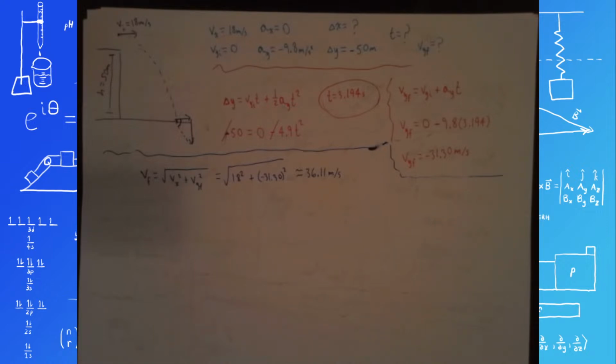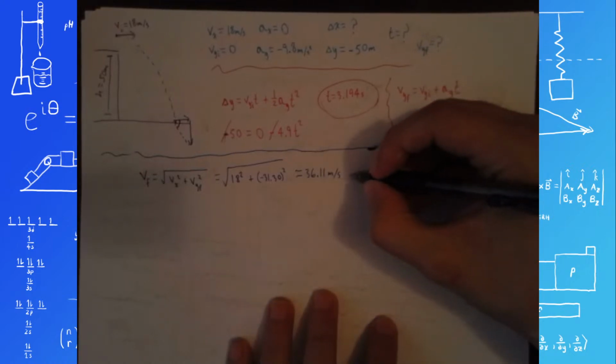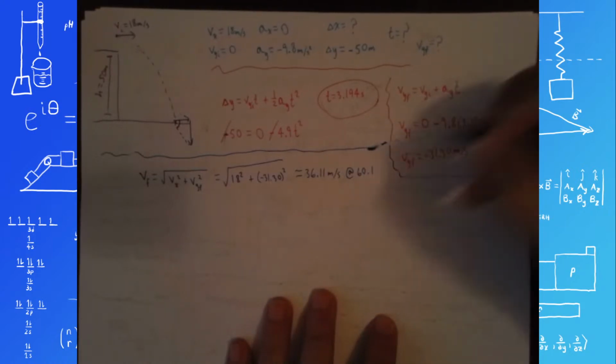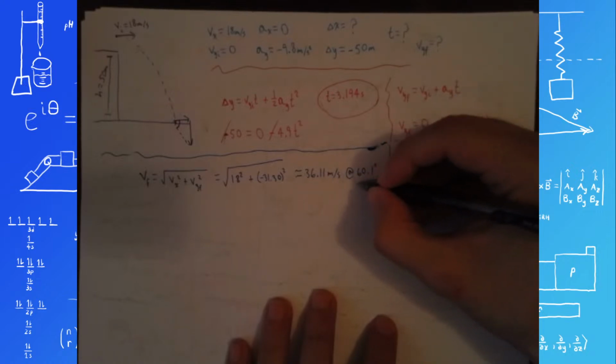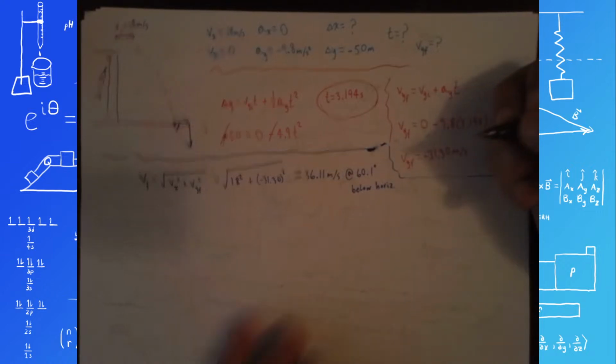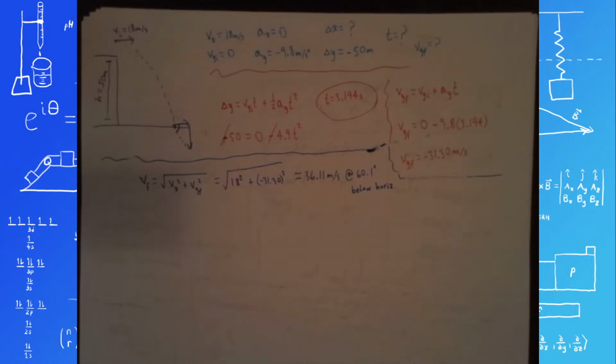And then if I do inverse tangent of that, I get 60.097. I'm going to round that to 60.1 degrees. So that's going to be at 60.1 degrees below horizontal. And there you go. We have answered the questions of the book.